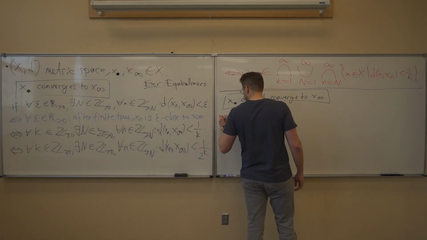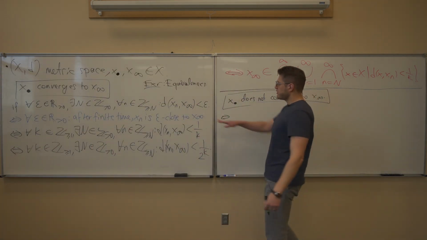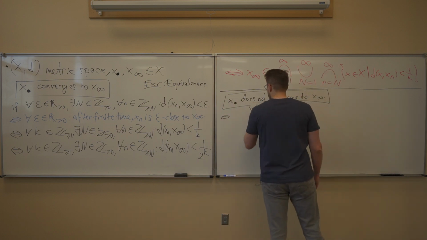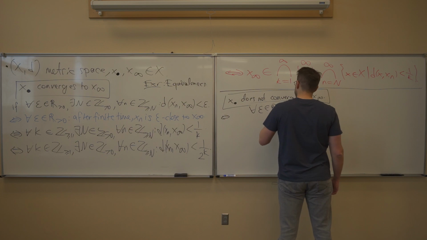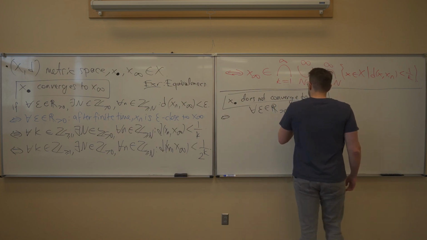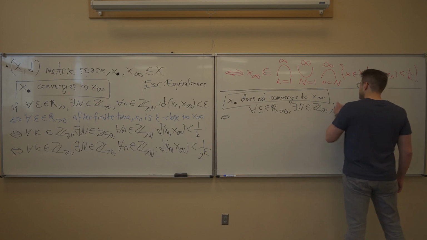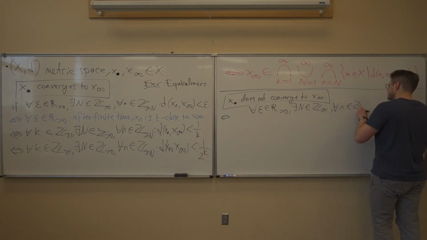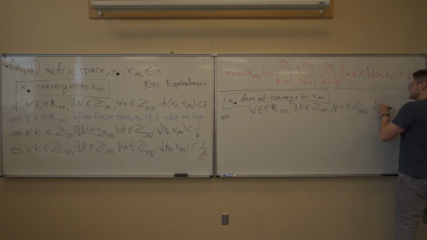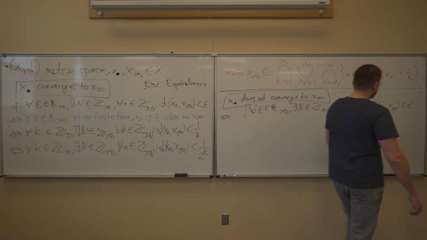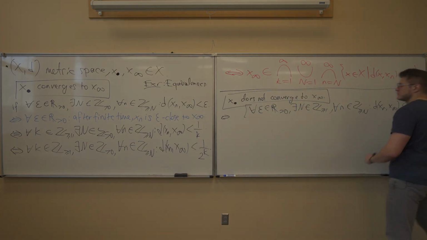You write the positive statement, and then you put a negation in front of it. So for any epsilon, there is an N, such that for any n after capital N, the distance between x sub n and x sub infinity is bounded by epsilon. So this was a positive statement. Now you turn it into a negative statement.